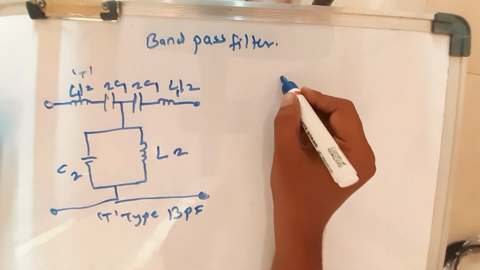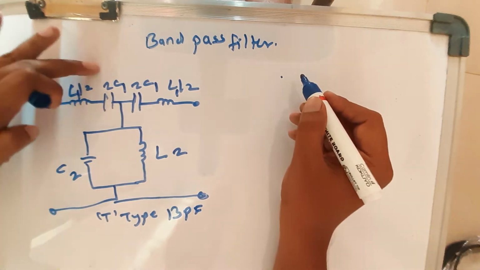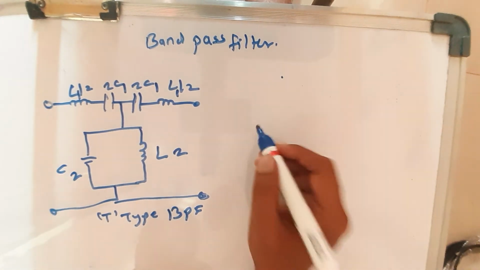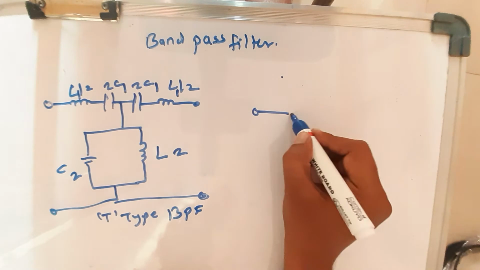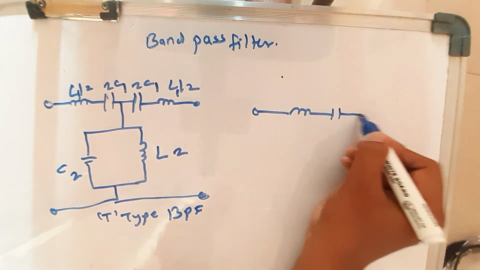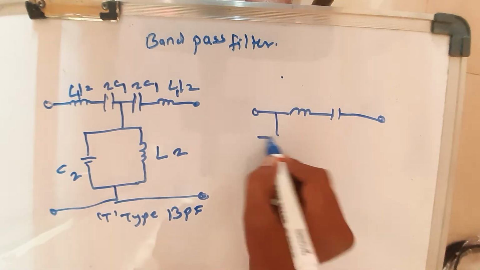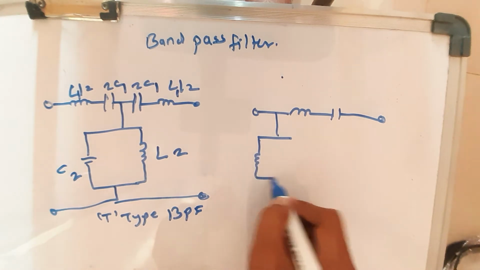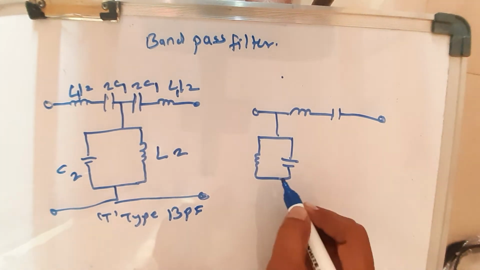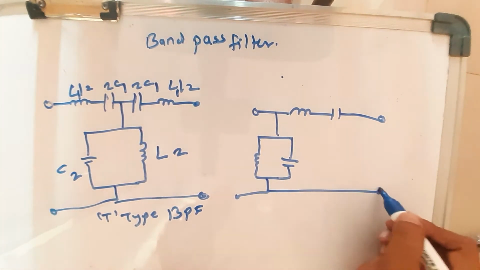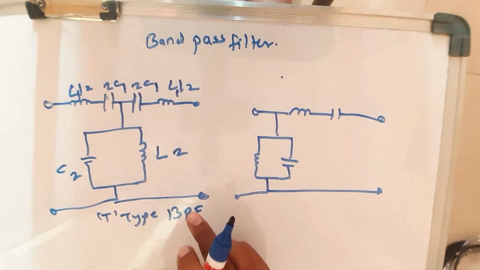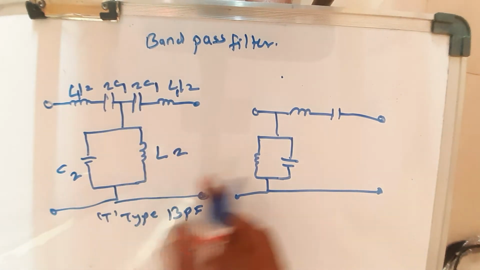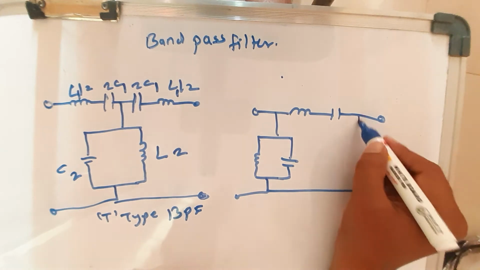Similarly, I will draw the pi type. So for pi type, for series arm we will write down L1 C1 and for shunt arm we will write down L2 C2.